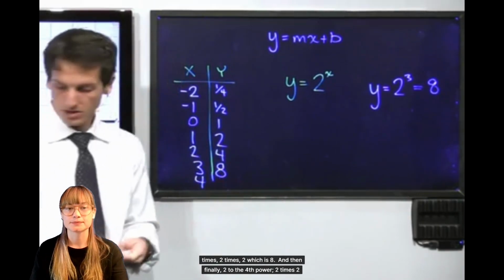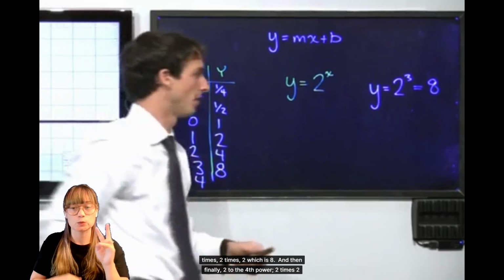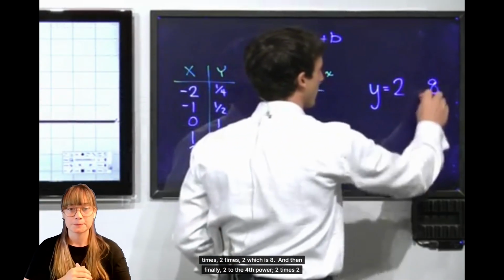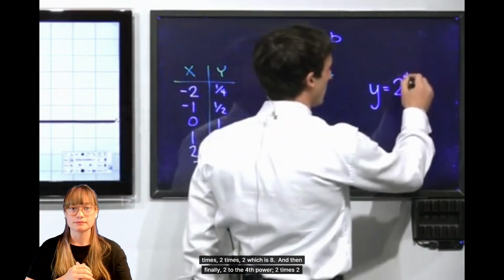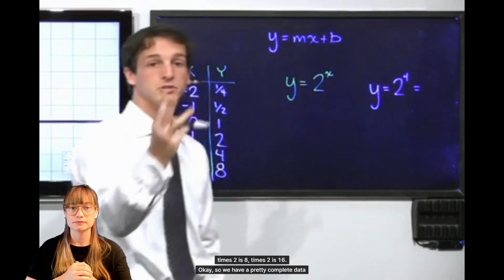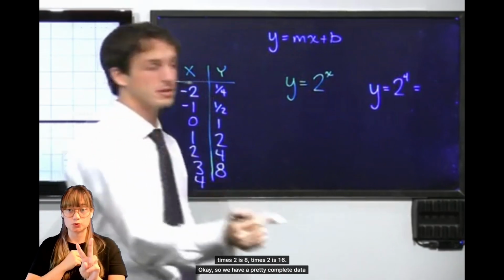And then finally, 2 to the 4th power. 2 times 2 times 2 is 8, times 2 is 16.